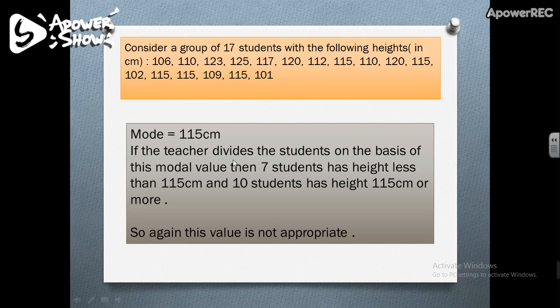So we need a third representative value, and that third representative value is known as the median.